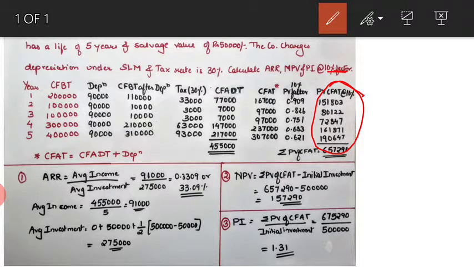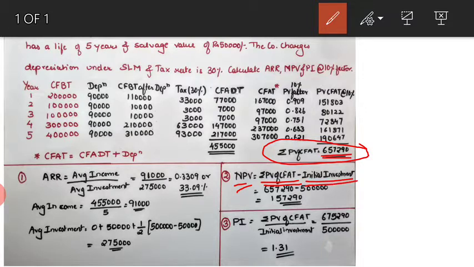Once you calculate the present values of cash flows after tax at 10%, which is the discount factor given, we have to take the summation of that. So summation of present values of cash flows after tax comes to 6,57,290. Now we have to go ahead with the formula of NPV and PI. What is the formula of NPV? It is summation of present values of cash flows after tax minus initial investment.